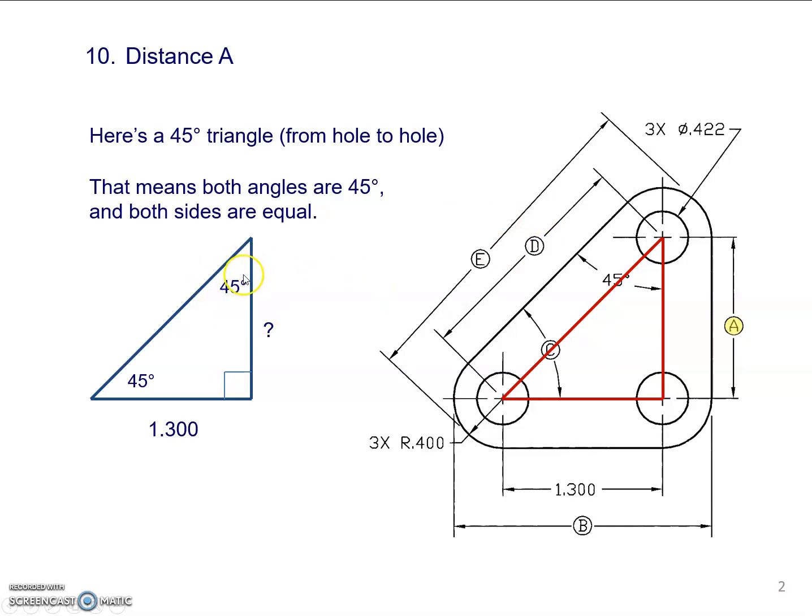And if one angle is 45, that means the other angle is 45. Both angles are equal, and both sides are equal. So if you know that one side is 1.3, the side on the bottom, you know that the other side is the same length. So that's side A there.